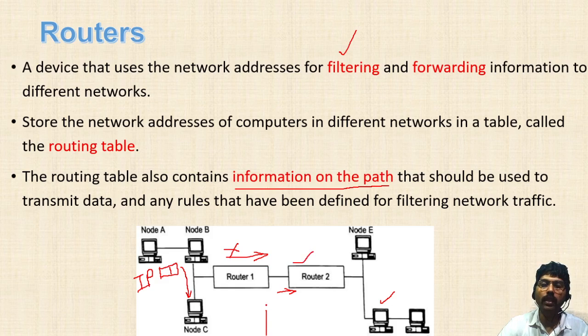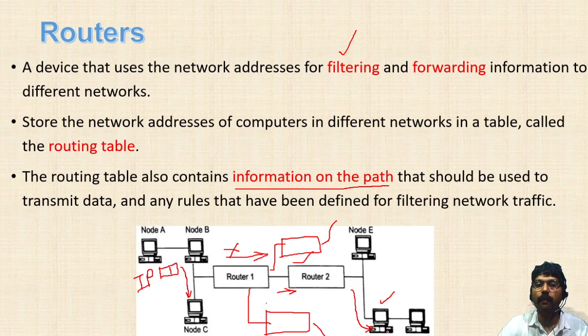There may be many other routers in between, but router 1 transmits to router 2 because it already knows that if the packet is sent there, it will reach the destination. Router 2 knows that node D is available here, so the packet is sent here.